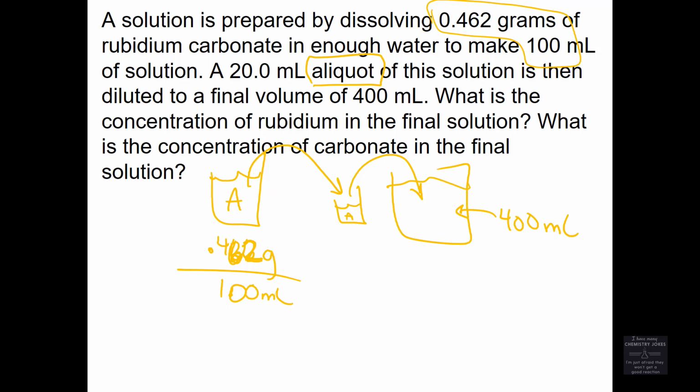So a little tiny portion of solution A was transferred to a different vessel and diluted to a total volume of 400 milliliters. So they're wanting to know what's the concentration of rubidium in the solution and what's the concentration of carbonate in the solution. Aliquot means this small portion, the little bit of A that you took out, that you then converted into a different, bigger solution. So that's a messy but big picture view of what we've got.